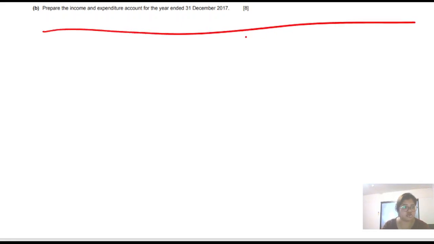expenditure account. For income and expenditure account, first thing you need to know what is your subscription, okay, and how you're going to calculate it. That is very clear to you, I guess, because we already calculated that subscription account in the very starting, okay.